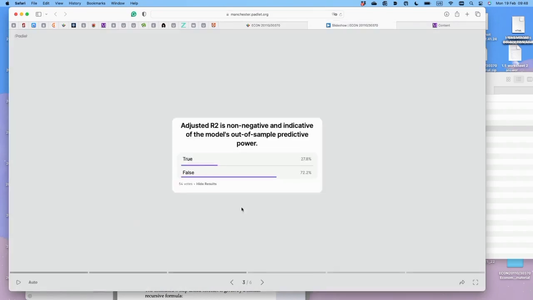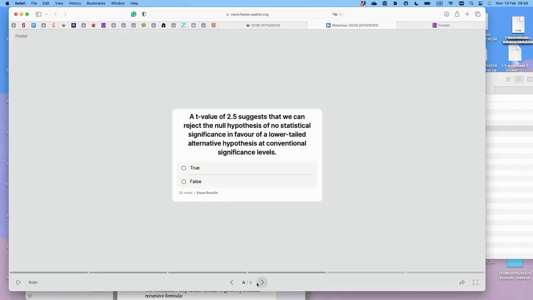Now, coming back to the Padlet question. The next statement: a t-value of 2.5 suggests that the null hypothesis of no statistical significance is rejected in favor of a lower-tailed alternative hypothesis at conventional significance levels.